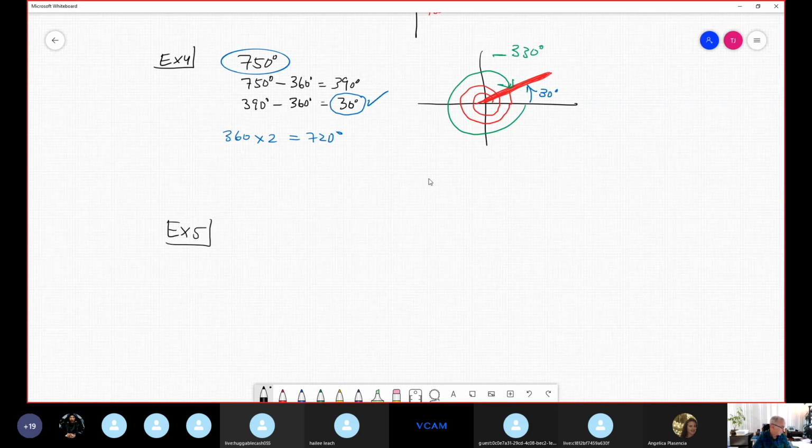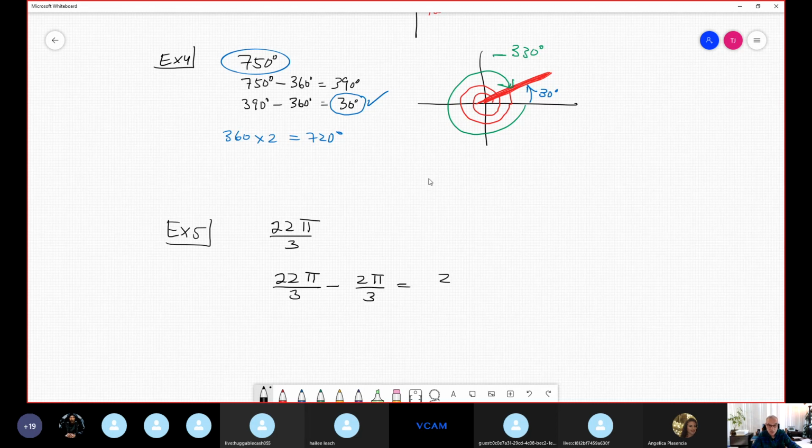So now, suppose I have 22 pi over 3, and I need to find the coterminal. What's the idea for the coterminal? Subtract 360, maybe you convert to degrees and subtract 360, or you subtract one revolution, which is 2 pi.